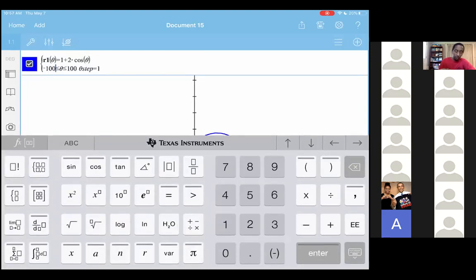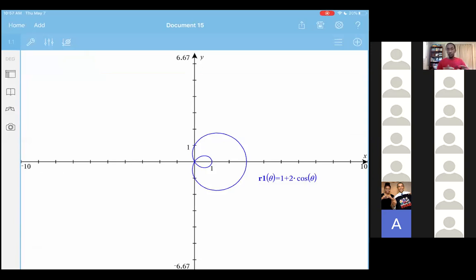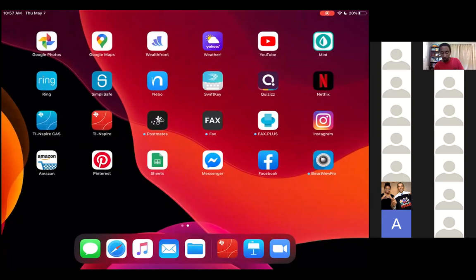Okay, negative 400, 500. Okay, there we go. So you've got to increase the angle to get all of it. That is the way you can graph it, and that has an inner loop because A is less than B. 1 is smaller than 2. So just to show you that as a feature, okay? So let's go back over here.